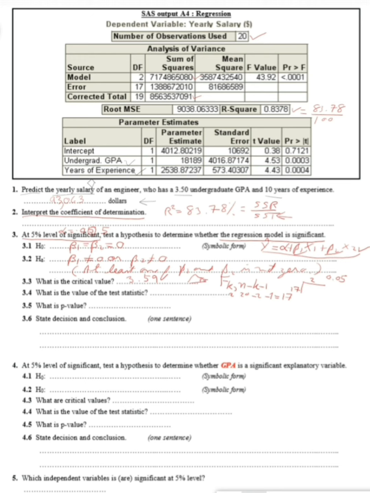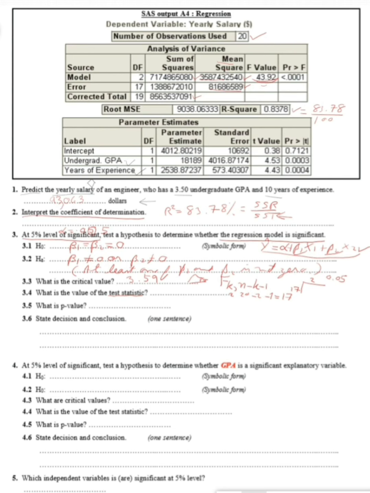What is the value of the test statistic? The table is F, so this is the F statistic. This is MSR, regression model, divided by MSE, error. MSR divided by MSE is called the F statistic, 43.92.